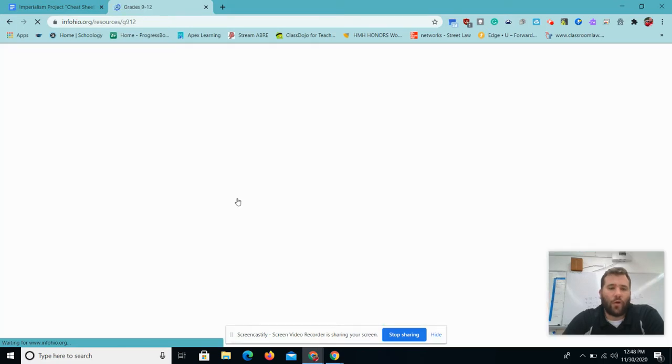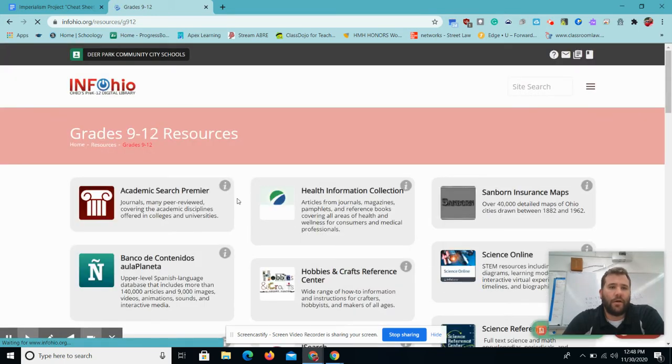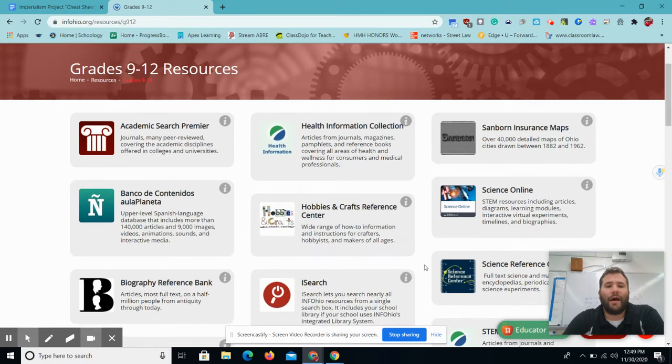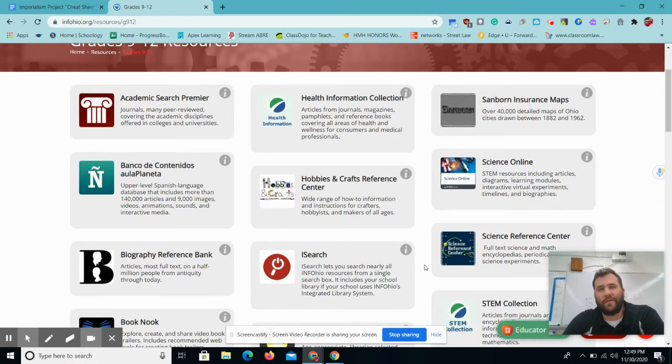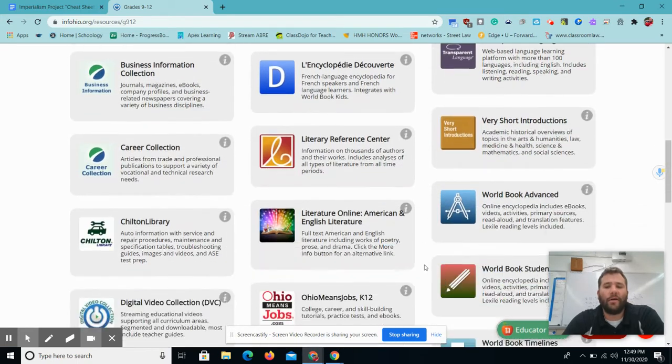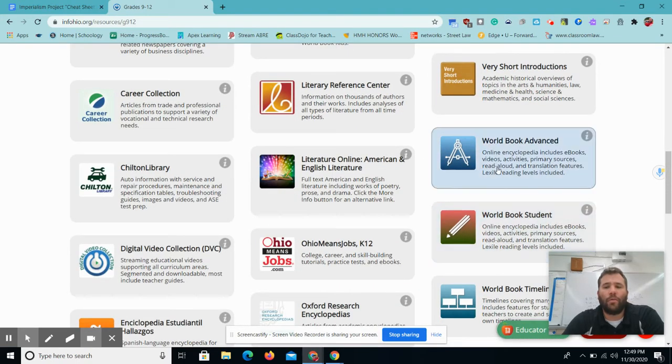All right, these are all sites and things that you could use, assuming you do need to do any sort of research. I know a lot of people just like to do a Google search, but again, oftentimes on Google, it doesn't come up with accurate information because of how you type things in and what things Google focuses on. So anyways, this is a great website to use. So if you scroll down, on the right side here, it says World Book Student and World Book Advanced.